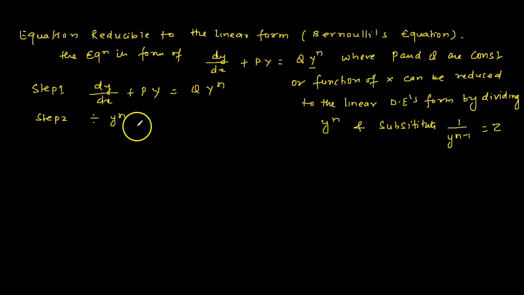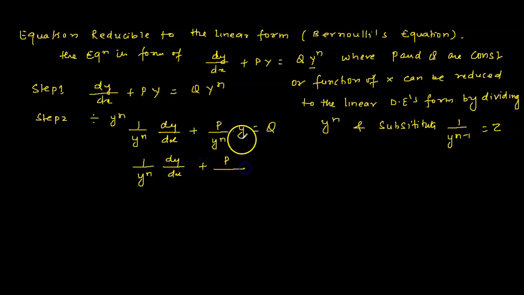So what will you get? 1 by y to the power of n dy by dx plus P by y to the power of n into y is equal to Q. I can write it as y to the power of minus n dy by dx plus P, and this one I will bring down here, so I will get y to the power of 1 minus n is equal to Q. Any doubt in this? Yes, sir. I divided by y to the power of n here, so I got this one here.